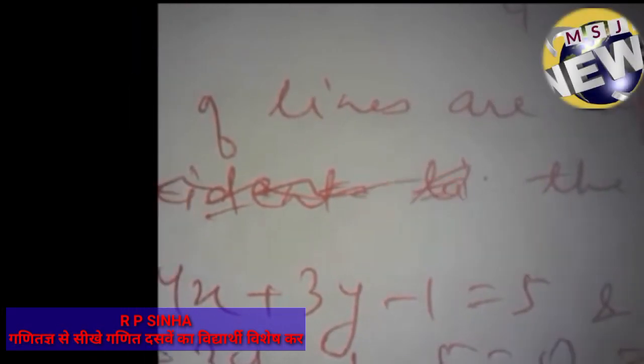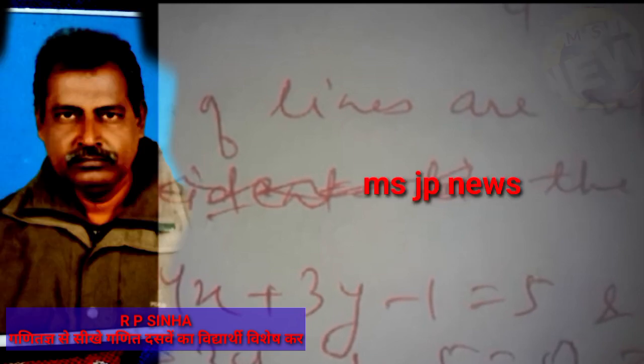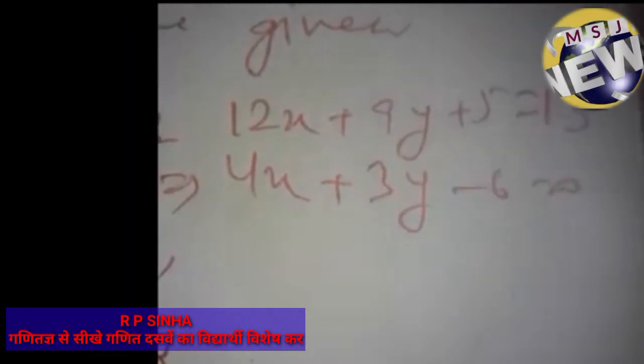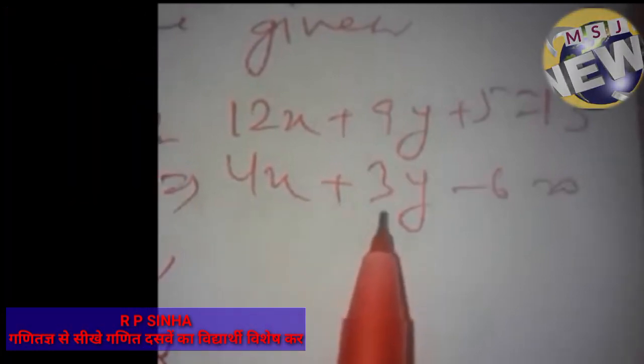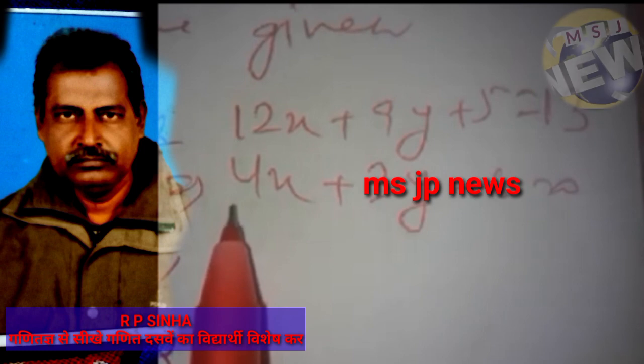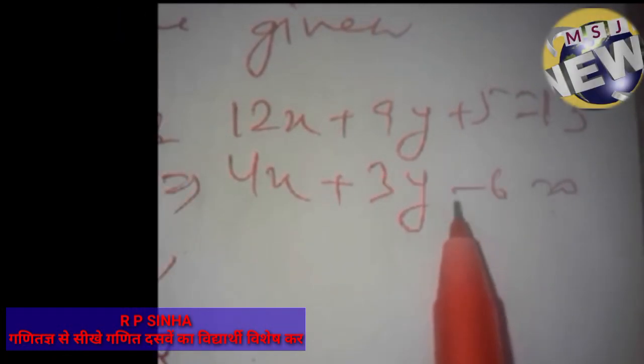Thus, by solving we get 4x plus 3y minus 6 is equal to 0. So what do we get? A1 is equal to 4, B1 is equal to 3 and C1 is equal to minus 6.